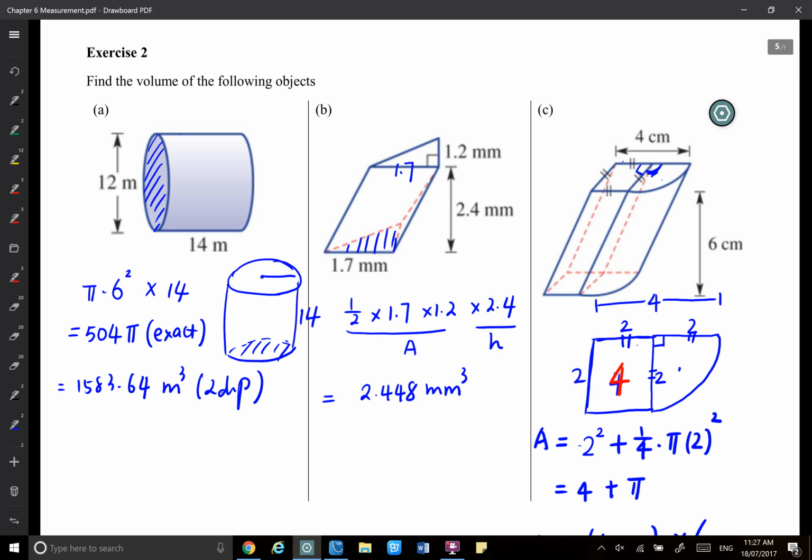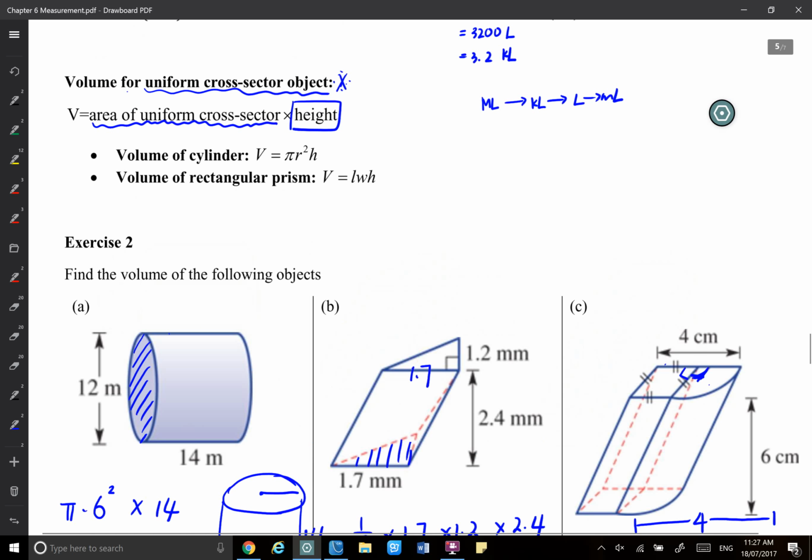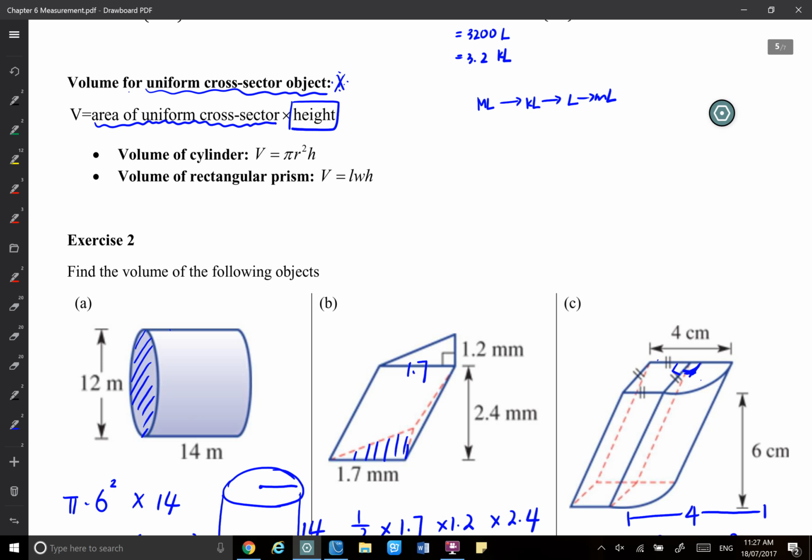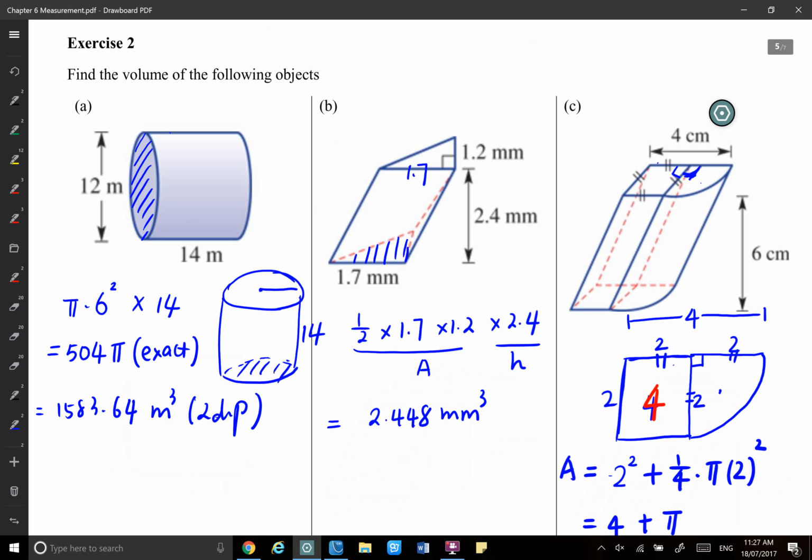If you cut that in one way and all the cross sections look exactly the same, identical, then it's called a uniform cross section object. All those kinds of objects can have their volume calculated in one way, which is the area of the uniform cross section times the height. It's the top part and the bottom one, and the height is between those two faces.